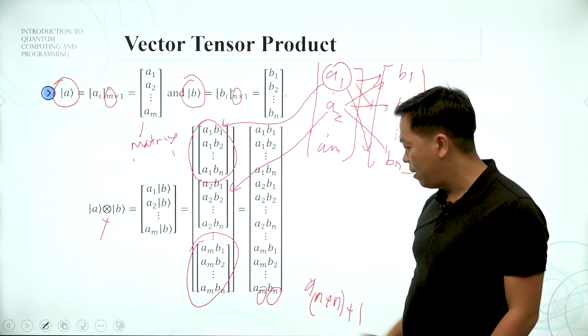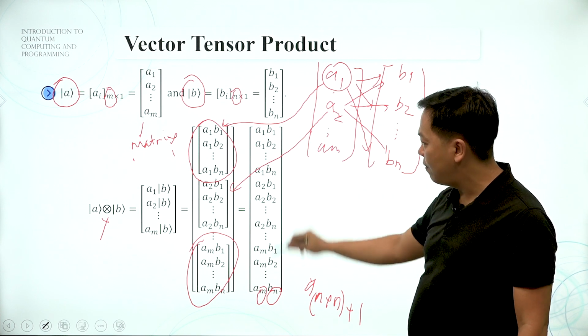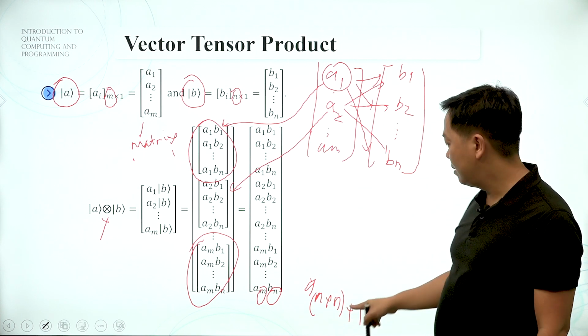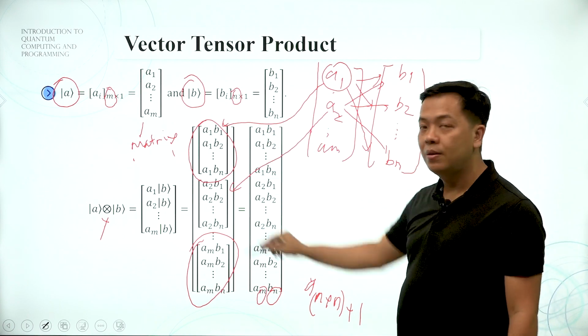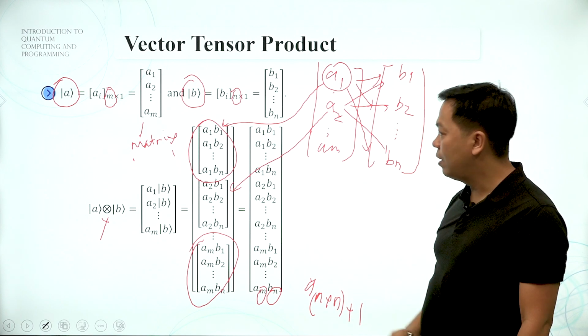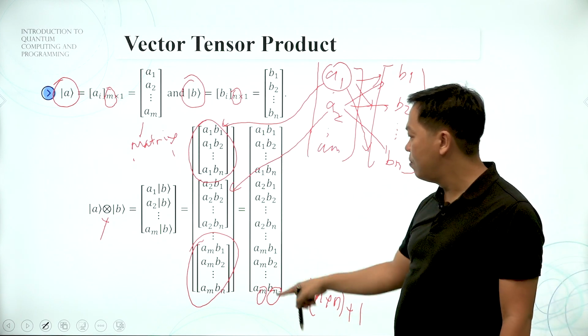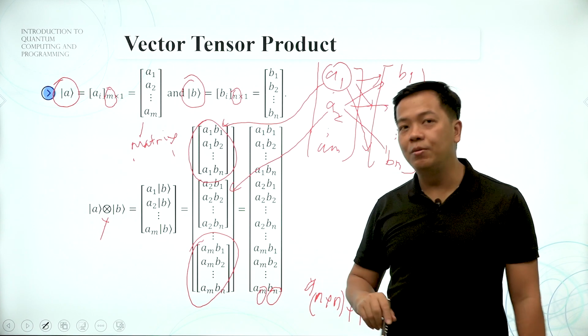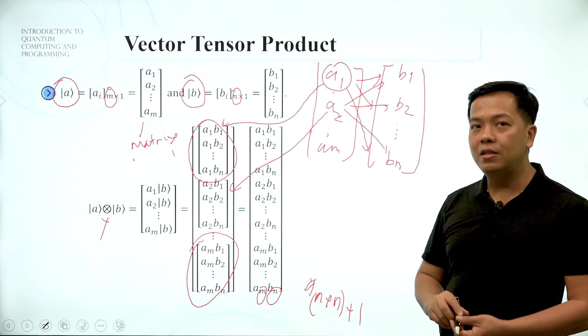That means the total number of values equals m multiplied by n, in one column. Actually, this is too many, so here we only write the typical values. That is very important.